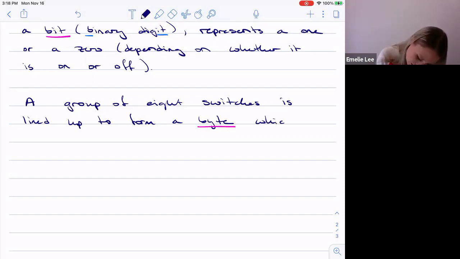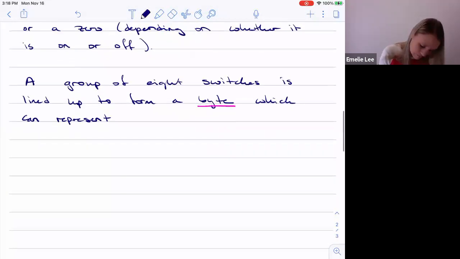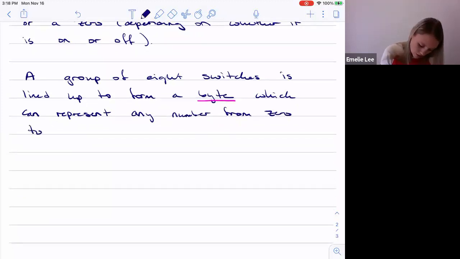Which can represent any number from 0 to, and now just 8 ones in a row, right? That's maxing it out. And so of course 0 would be 8 zeros in a row.